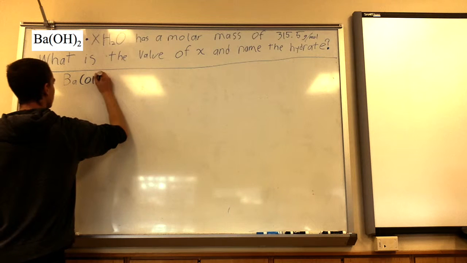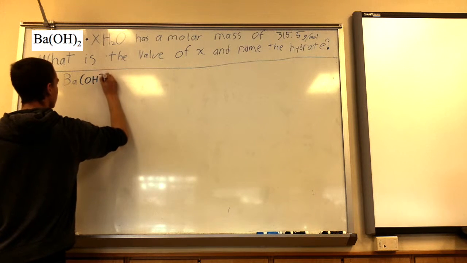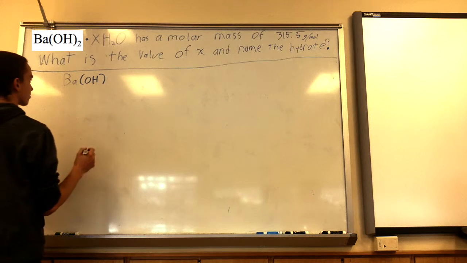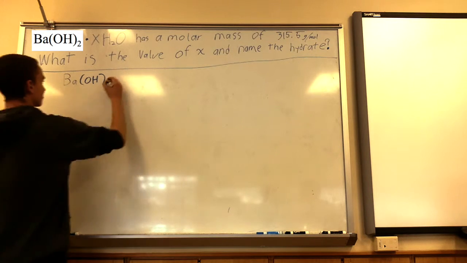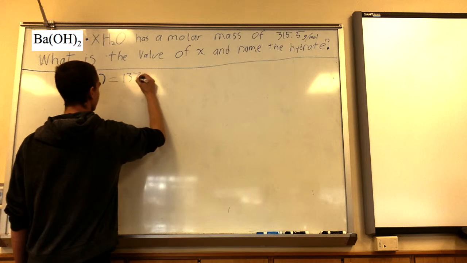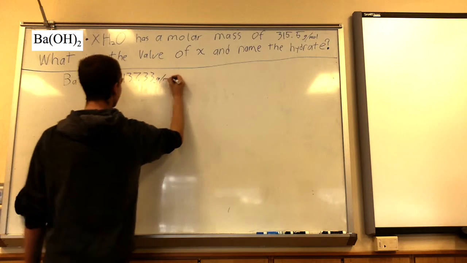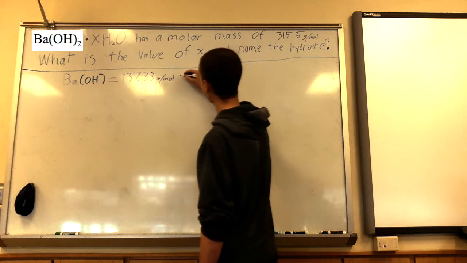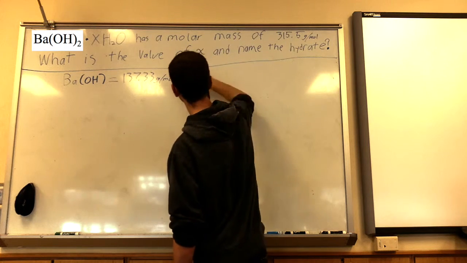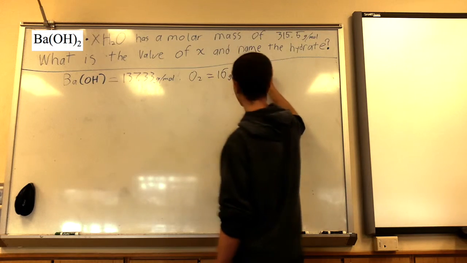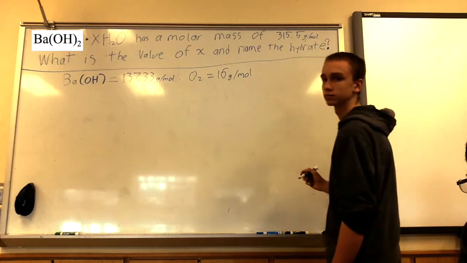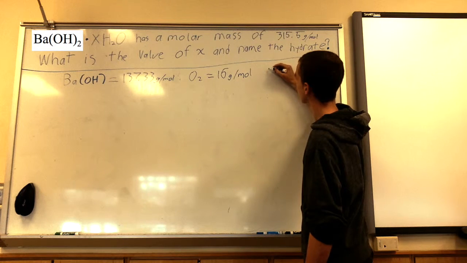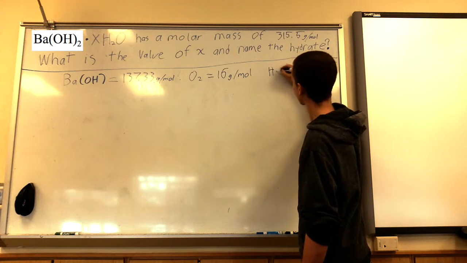So then barium has a molar mass of 137.33. And then that's added on to the molar mass of oxygen, which is 16. And then hydrogen, which is 1.01.